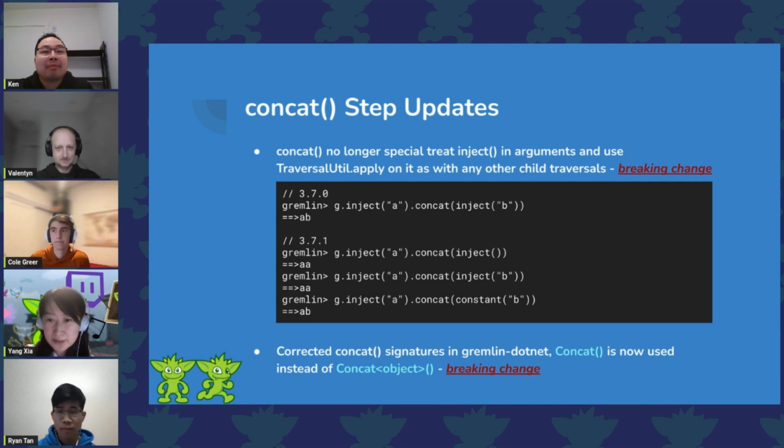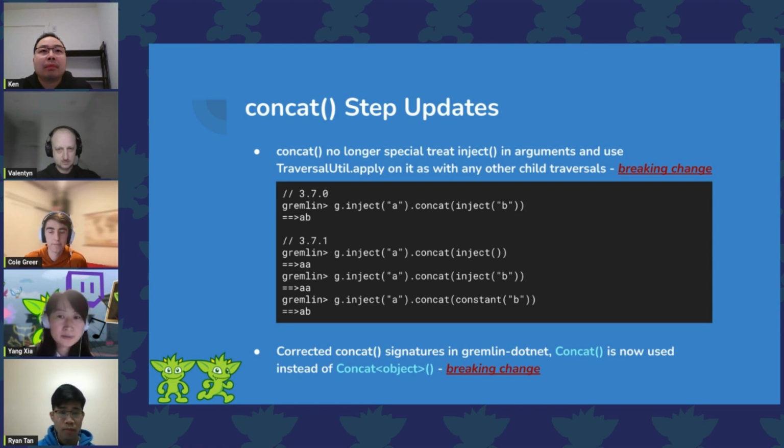So in addition to the update I was talking about regarding accepting traversal varargs, there are some corrections we had to make to the concat step as we realized. So one change that would be breaking, in the sense that you should expect different behavior between 3.7.0 and 3.7.1, is that concat will no longer special treat inject in its argument.